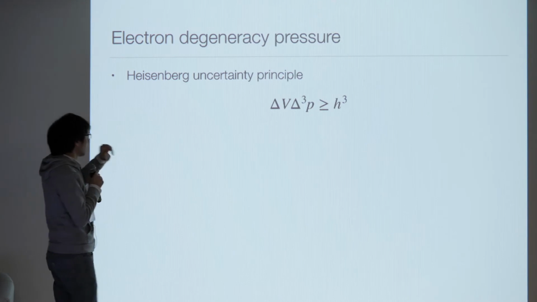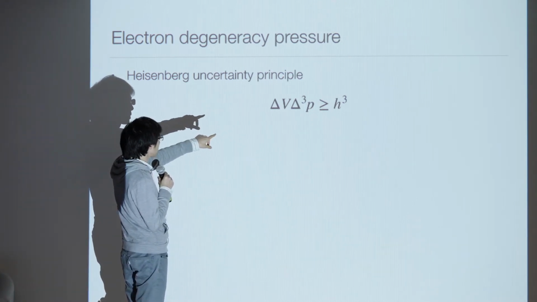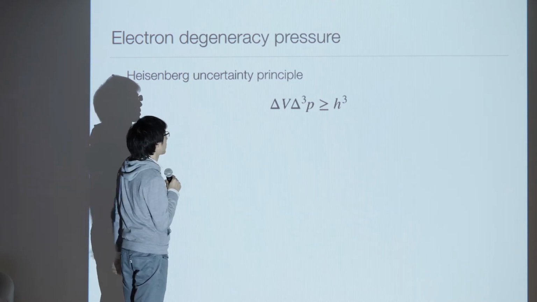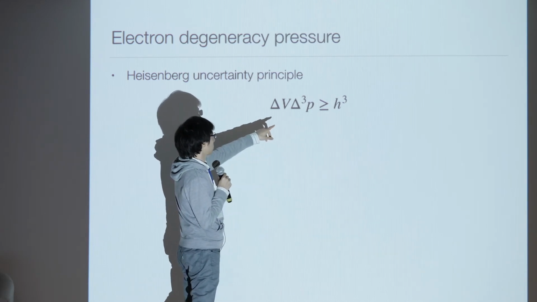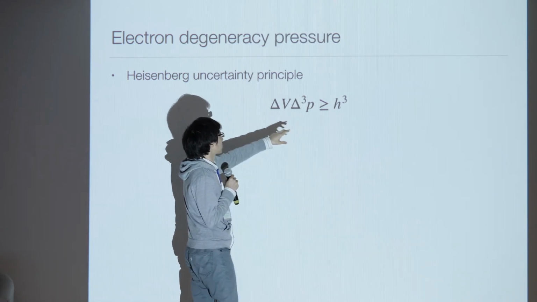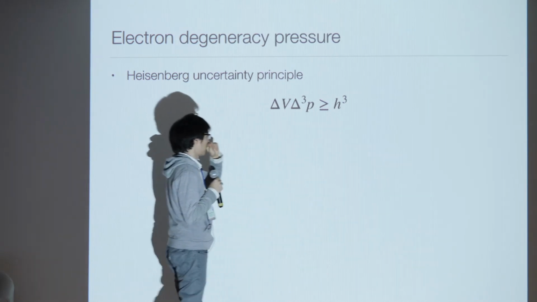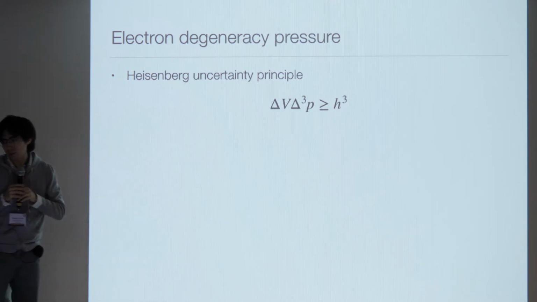We cannot specify the momentum and the volume where the particles are to better than the Planck constant cubed.